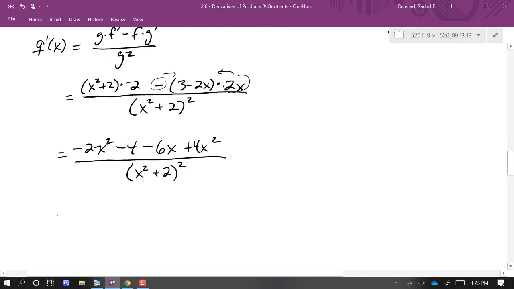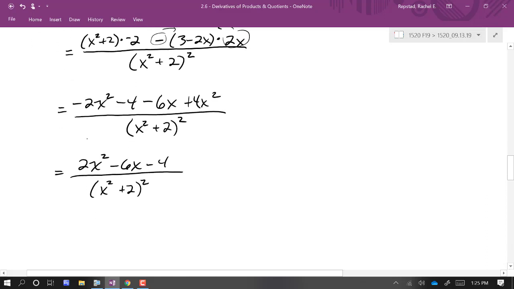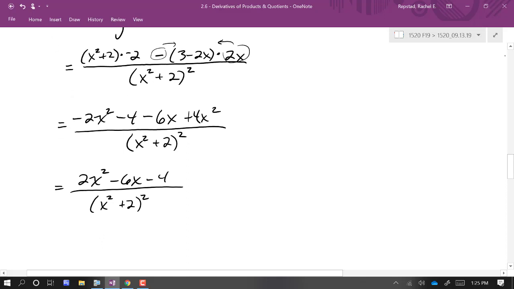We're going to combine like terms, so we've got 2x squared minus 6x minus 4 and then we could take out a 2. I guess you could leave it that way. If we take out a 2, it looks like this.